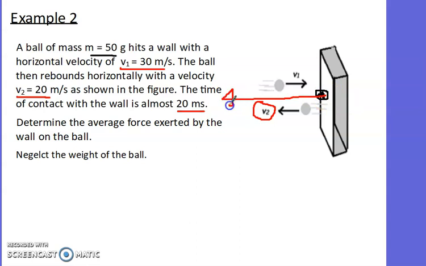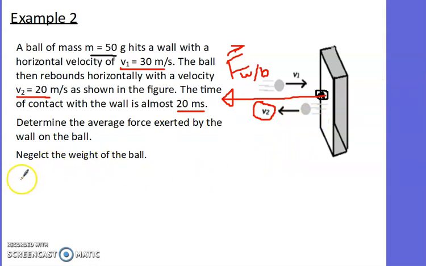So this is the force exerted by the wall on the ball while they were in contact. Because there is a force here and there is a change in the velocity, the first thing that must flash in our mind is Newton's second law.